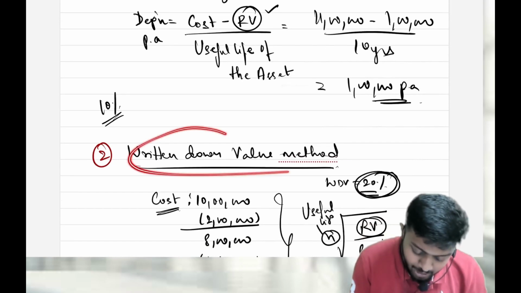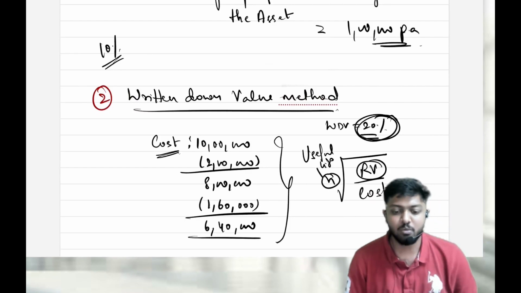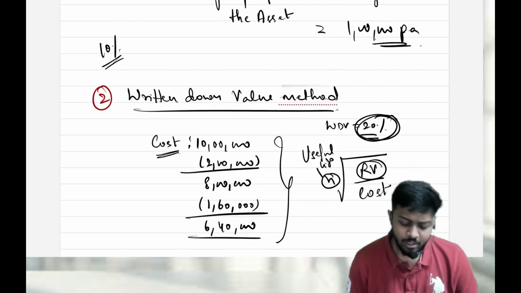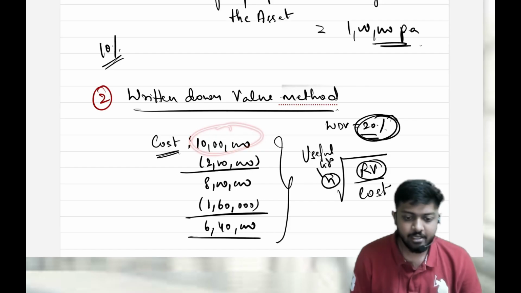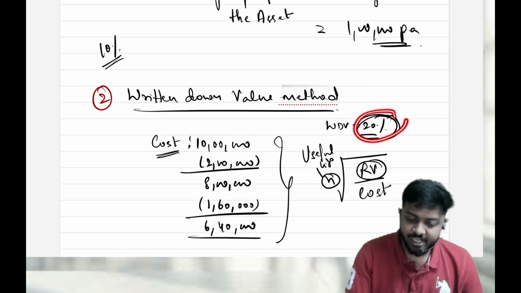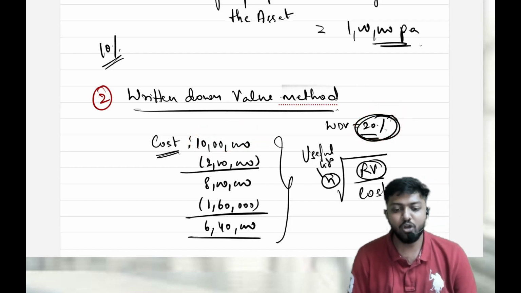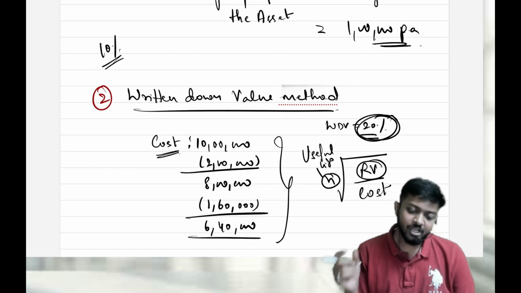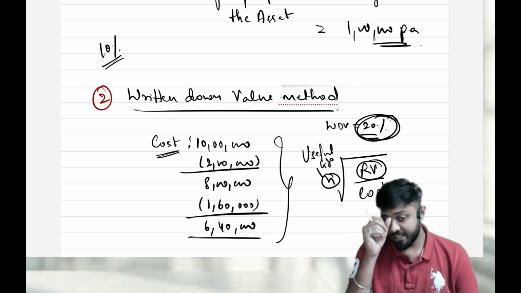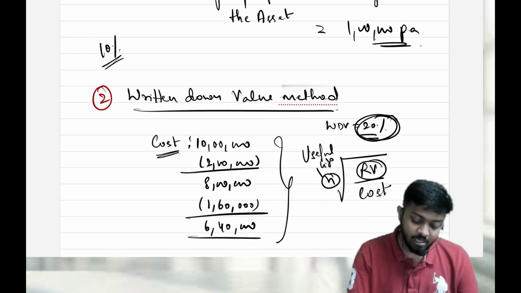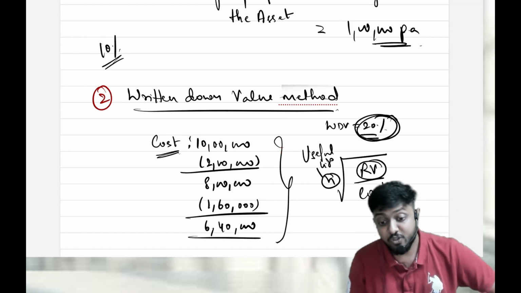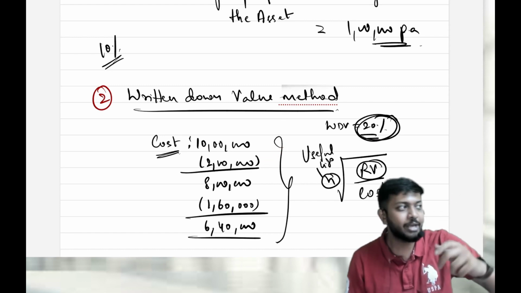Next, we have the written down value method. Under the written down value method, what will we do? Say the cost of the machine is 10 lakh, and they have given a percentage, WDV equal to 20%. That percentage will first be applied on cost: 10 lakh into 20%. The depreciation comes to 2 lakh. Now reduce it, 10 minus 2, the value became 8.